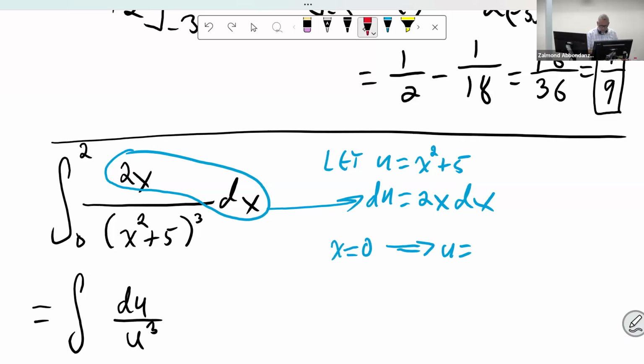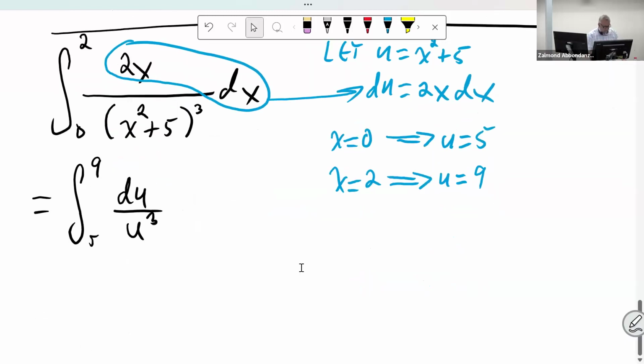So when x is 0, what is u? Look up here. When x is 0, what is u? It's 5. Okay. And when x equals 2, the upper bound of integration, what is u? It's 9. Good. So those are my new bounds of integration, from 5 to 9.